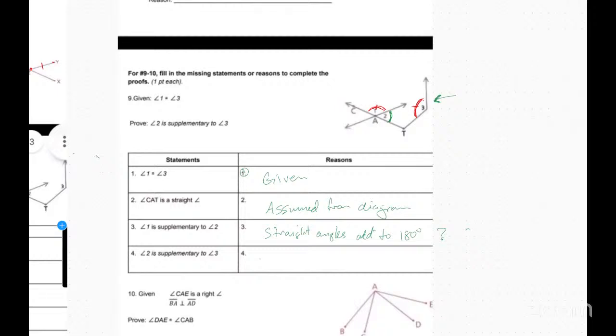Supplementary angles are those whose sum is 180. The theorem states that angles supplementary to the same angle are congruent. Okay, that's slightly different. Congruent angles have congruent supplements. Congruent supplements theorem.